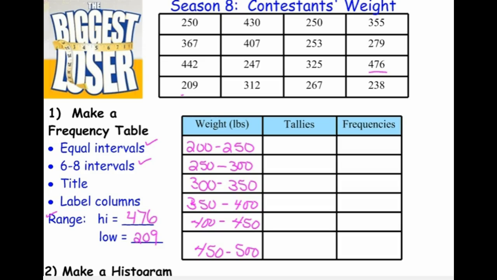I ended up with 1, 2, 3, 4, 5, 6 different intervals, so I'm hitting this 6 to 8 intervals. I need a title on this, so contestants' weight, season 8, I suppose.